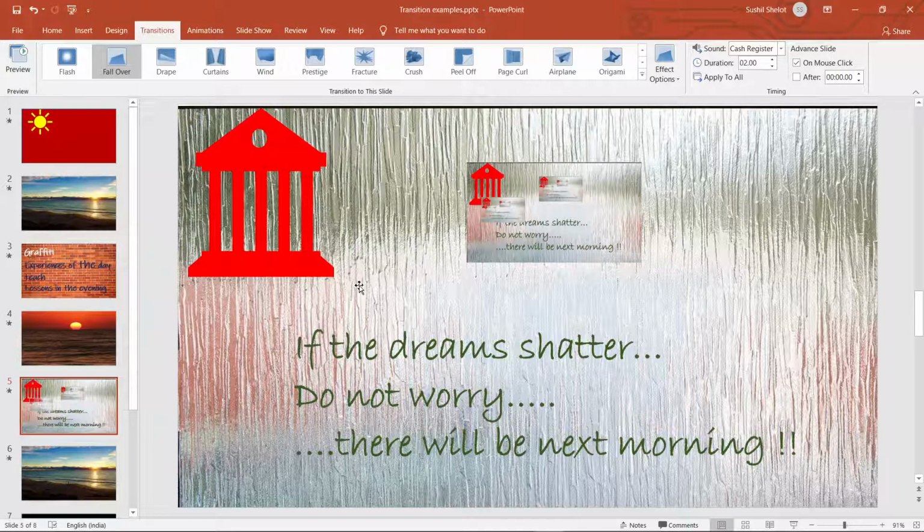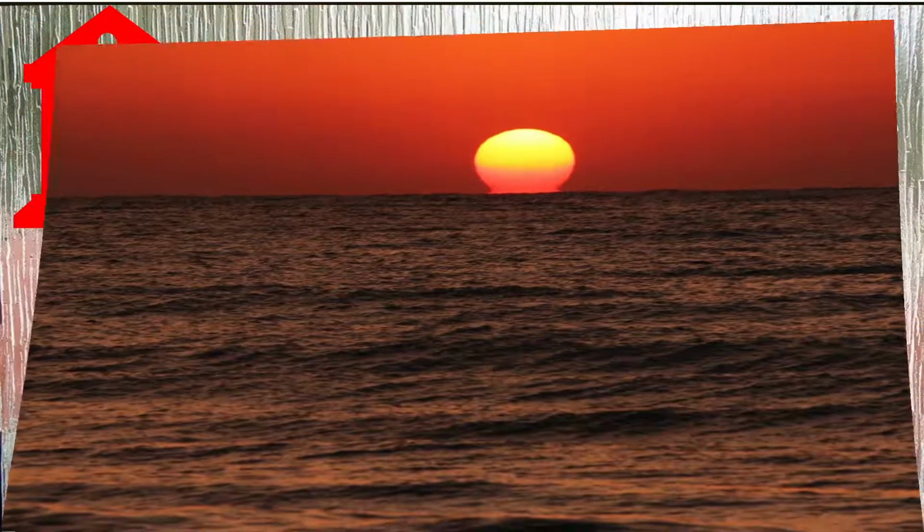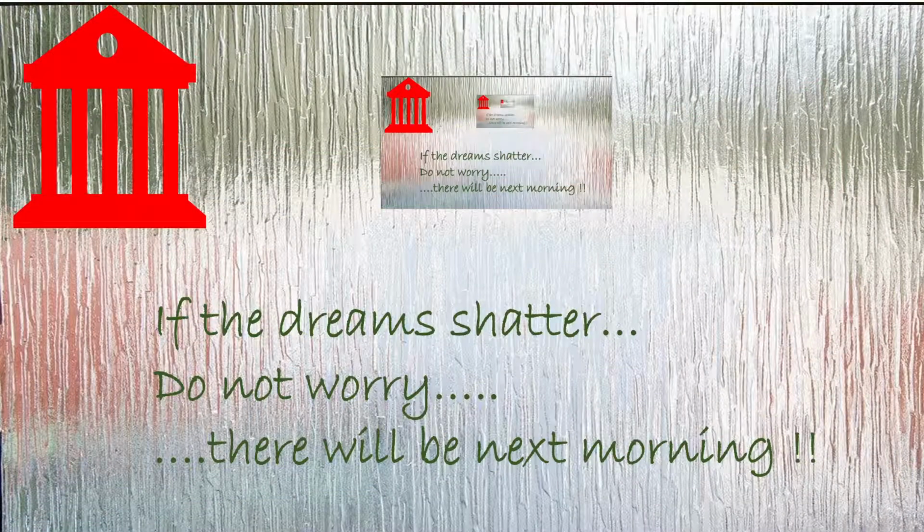I'll just remove it so I don't require it twice, and I will go into the slideshow mode and explain how it worked. So when I was in the slideshow mode, I went on to this slide, and here when I took my mouse cursor over here and hovered it, I could see that this was a clickable link.